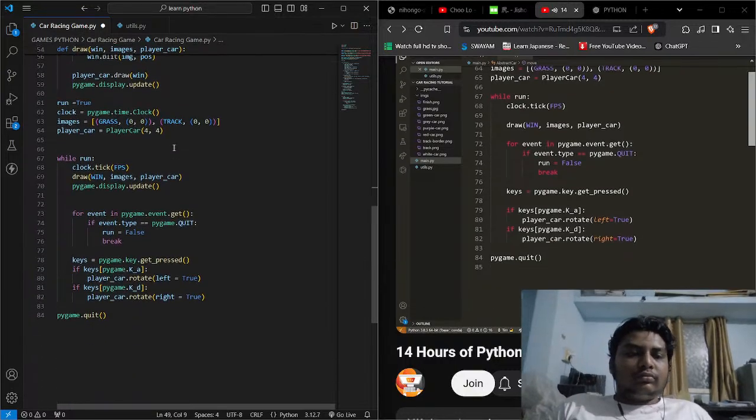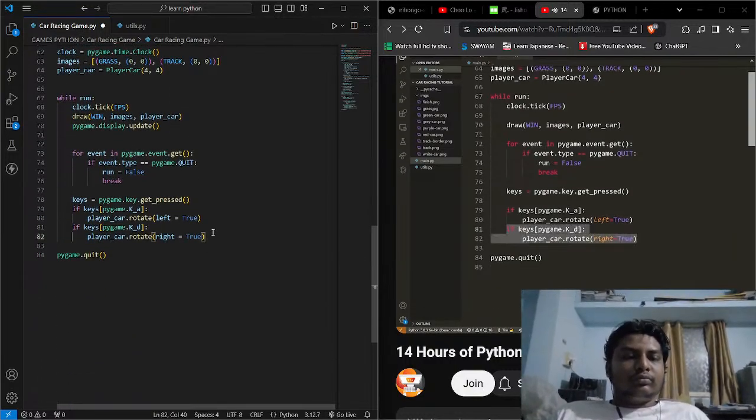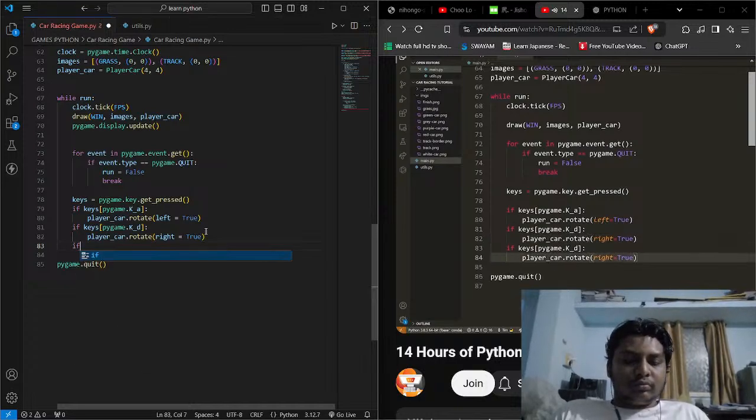Okay, so now that we've done that, we want to implement another key press to move the car forward. So I'm going to go here and say if keys pygame.key underscore w, then player car dot move underscore forward, like that. So now as we press down the W key, we should increase speed.